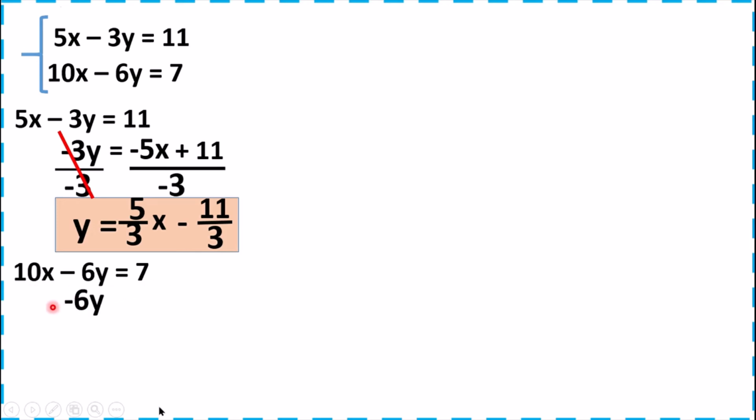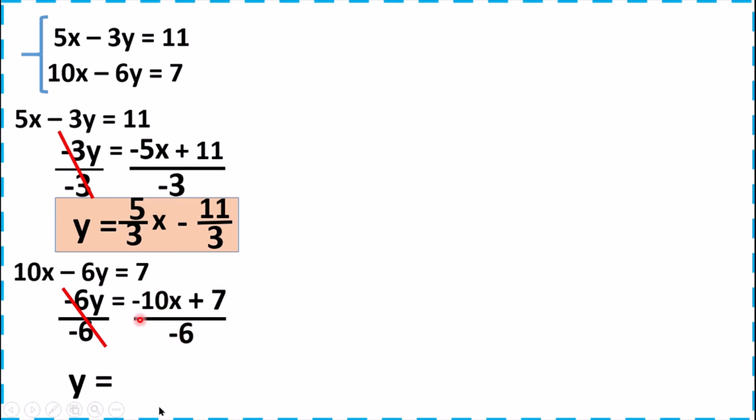Then, negative 6y equals, so yung positive 10x transpose, so it will become negative 10x, then plus 7. So, divided by negative 6, left and right side of the equation. Negative 6 divided by negative 6, positive 1y. Then, negative 10x divided by negative 6, we have positive 10 over 6x. So, yung positive 10 over 6, pwede pa natin itong ma-reduce in lowest term.